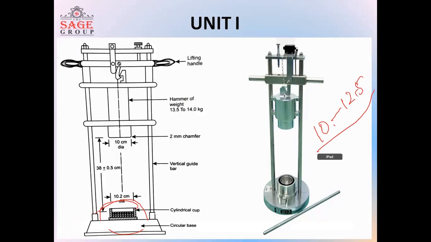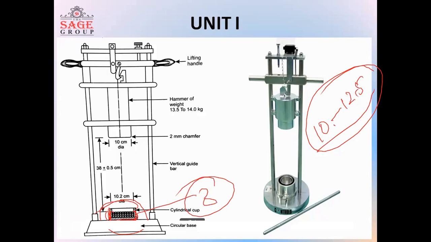The particle size lies between 10 mm and 12.5 mm, and it is filled in the cup or the mold on which the impact testing is done. It is filled in 3 layers. After filling each layer, tamping is done by the tamping rod 25 times.